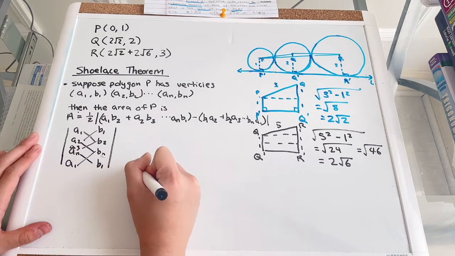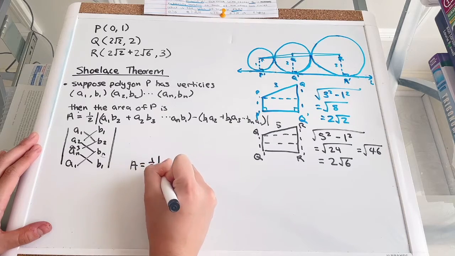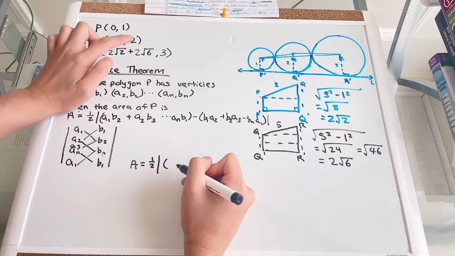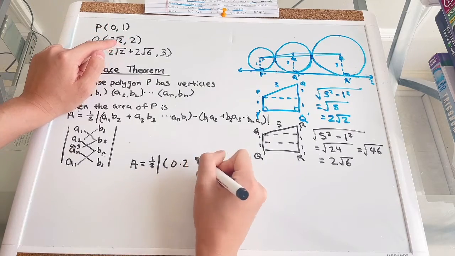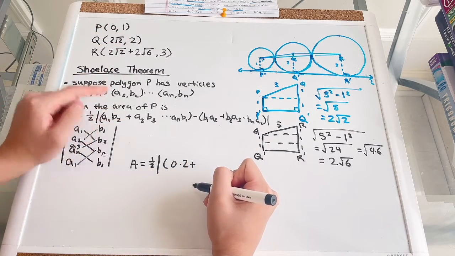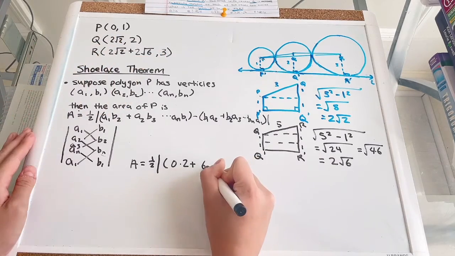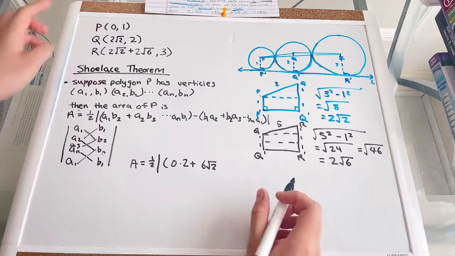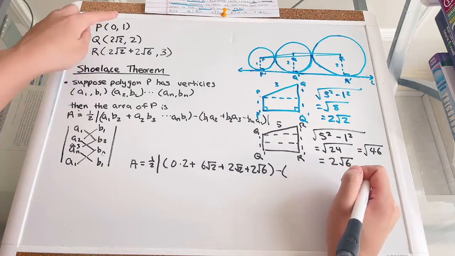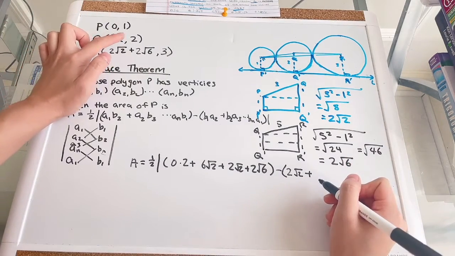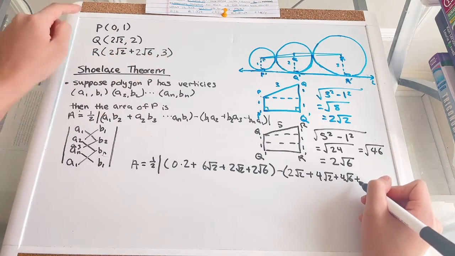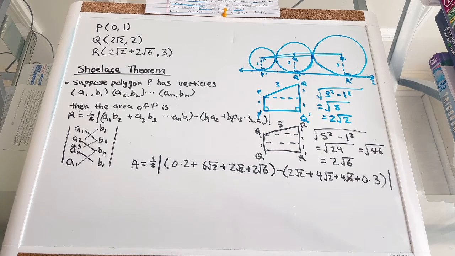So the area would equal 1/2 of the absolute value of A1 B2, so 0 times 2, and then plus A2 times B3, 6 times the square root of 2, and then plus A3 times B1. And then you would subtract B1 times A2, add B2 times A3, and then you would add B3 times A1. And then remember, this is the absolute value. So let's simplify and find the absolute value.